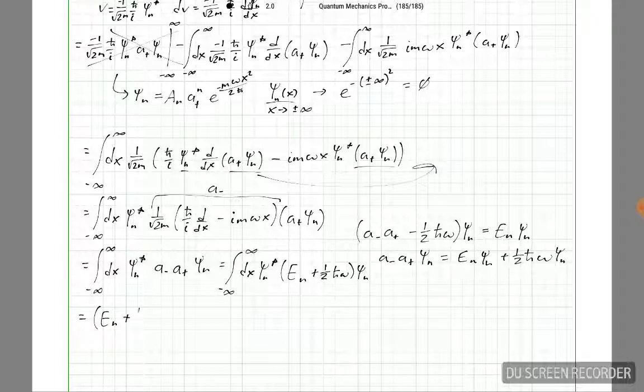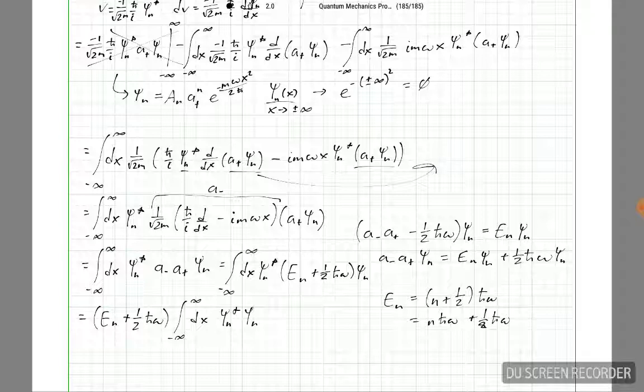So I have En plus h bar omega, and then I have the complex conjugate psi times psi n. Now I'm going to use equation 2.50 again, where I know that En is n plus 1/2 h bar omega, or that's n h bar omega plus 1/2 h bar omega.